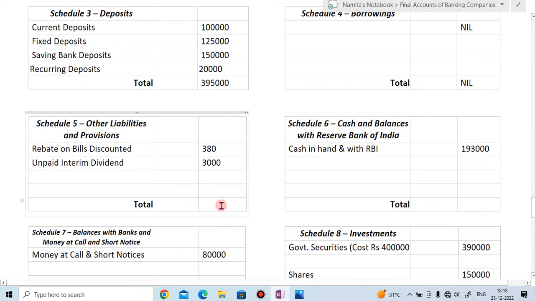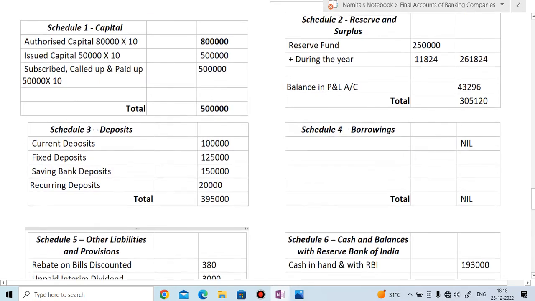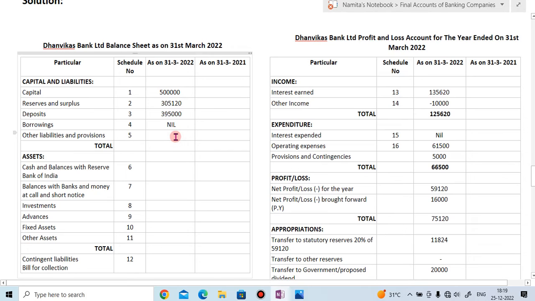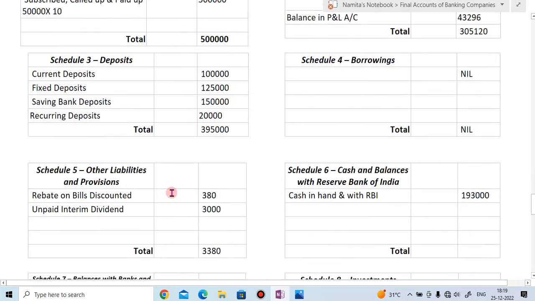The total of schedule number 5 is 3,380. Now add the liabilities and write in the total. So total will be 12,03,500. Okay, total of liability is 12,03,500.